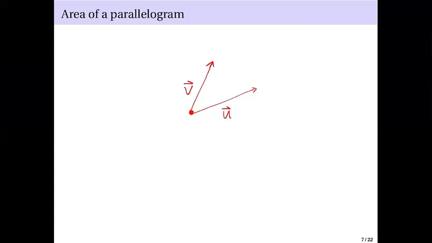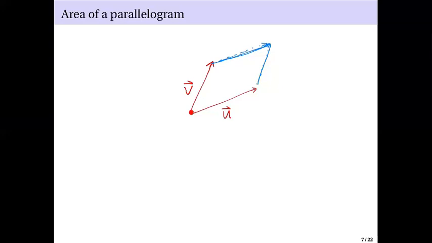So if we construct the parallelogram, it will be something like this. So you will have this parallelogram here, and our goal is to find the area of this parallelogram.